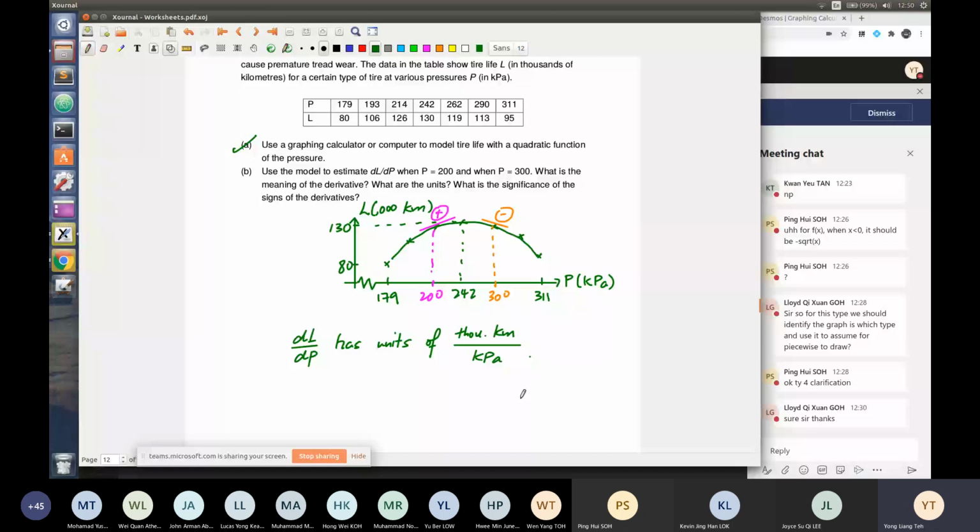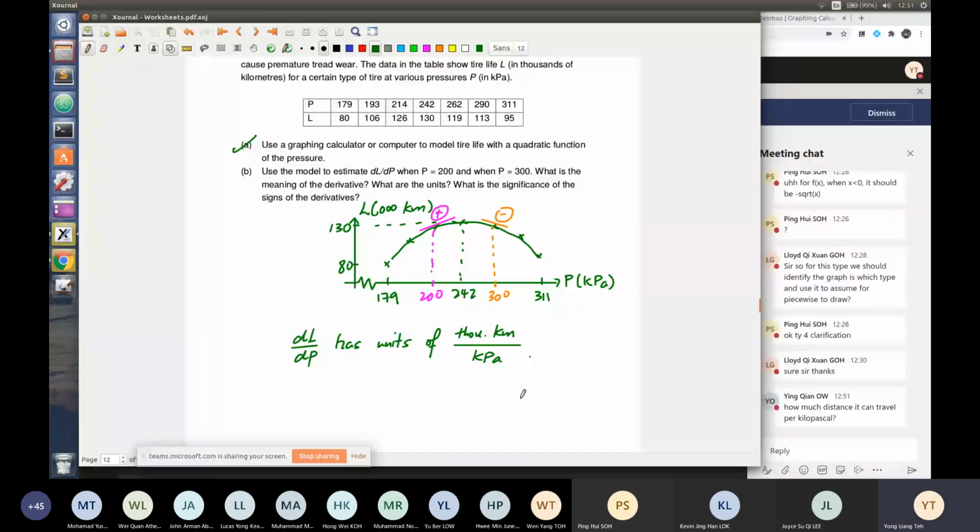How would you explain the LDP to a layman? Let's say for someone who is having changed their tire and they want to know actually what does the LDP mean pertaining to their tire life. Let's say you are the mechanic of the shop. How much distance it can travel per kilopascal?